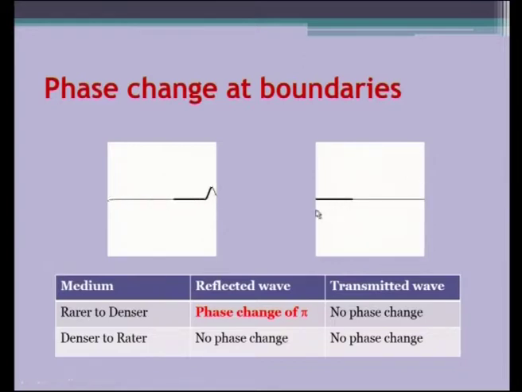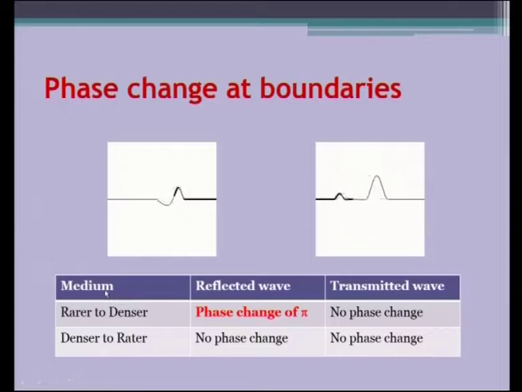There is no trough formed at all, but in the earlier case there is a trough. So, in conclusion, we can have one tabulation which will give us a consolidated statement. Let us have a look at the tabulation. Here is the medium. When the wave is travelling from a rarer medium to a denser medium, the reflected wave alone has a phase change of pi and for the transmitted wave there is no phase change.